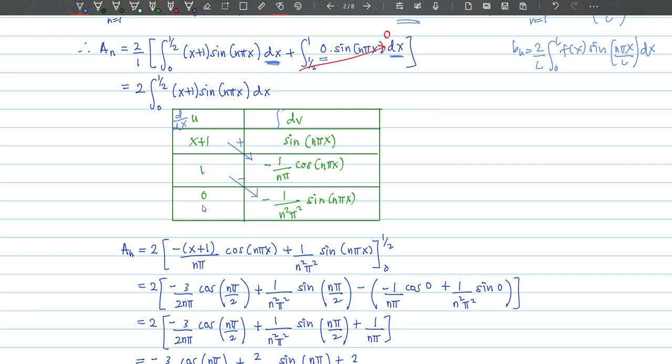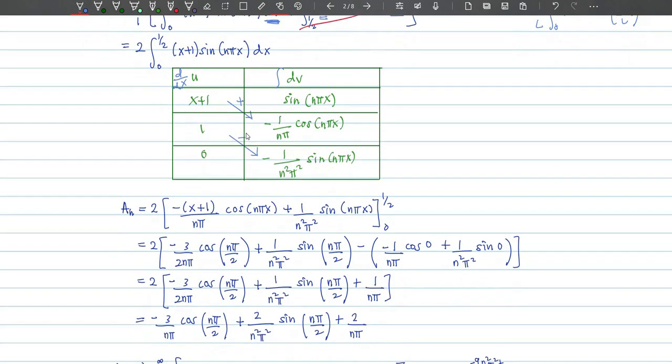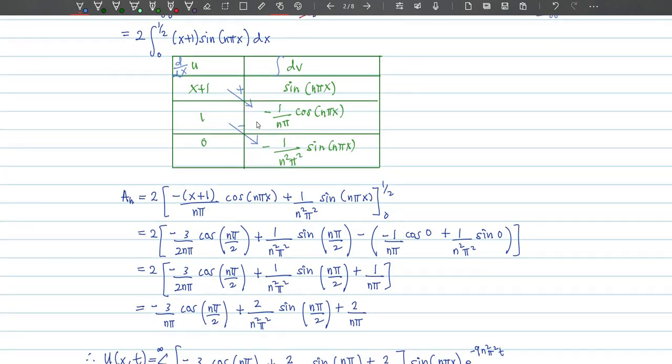So x plus 1, differentiate until you get 0, and dv is sin(nπx), so you need to integrate to obtain v. Integrating sin(nπx) gives negative 1 over nπ cos(nπx), and integrating this function, we have this one. Next, remember you need to add the diagonal line, plus minus, alternating, so if we have another row, it will be plus minus plus.